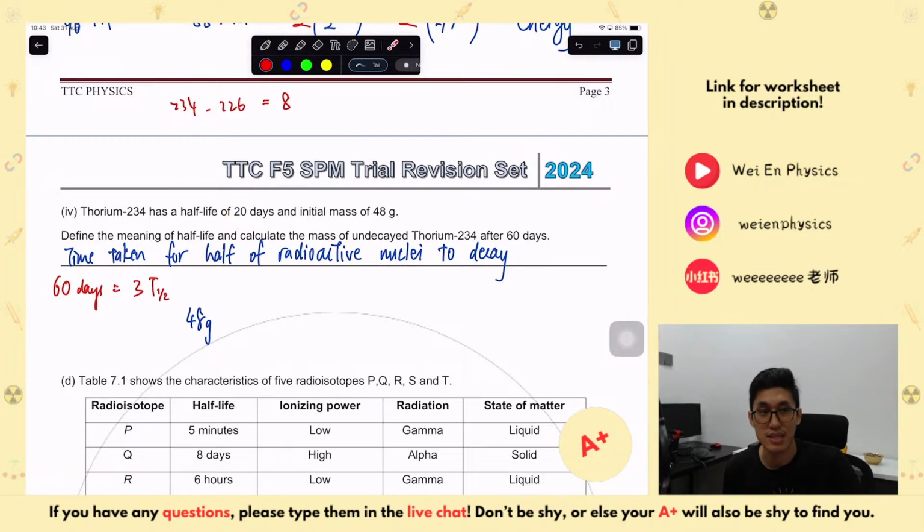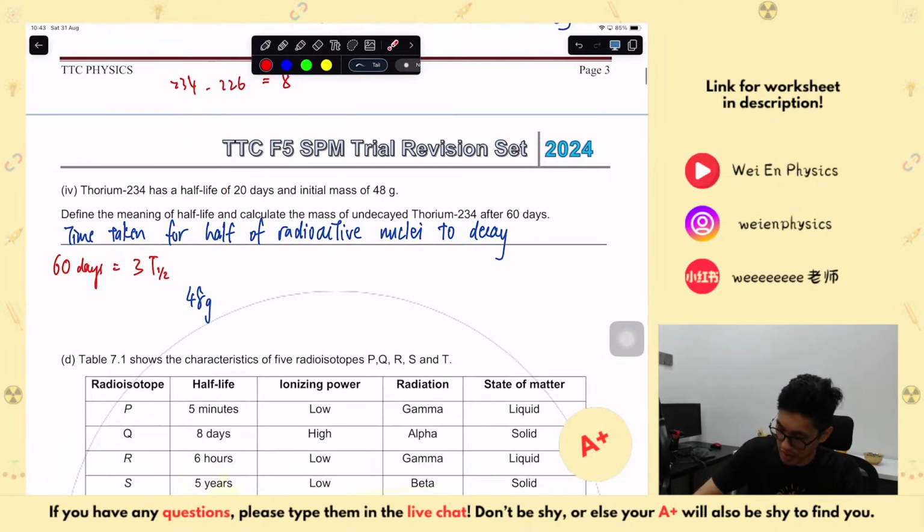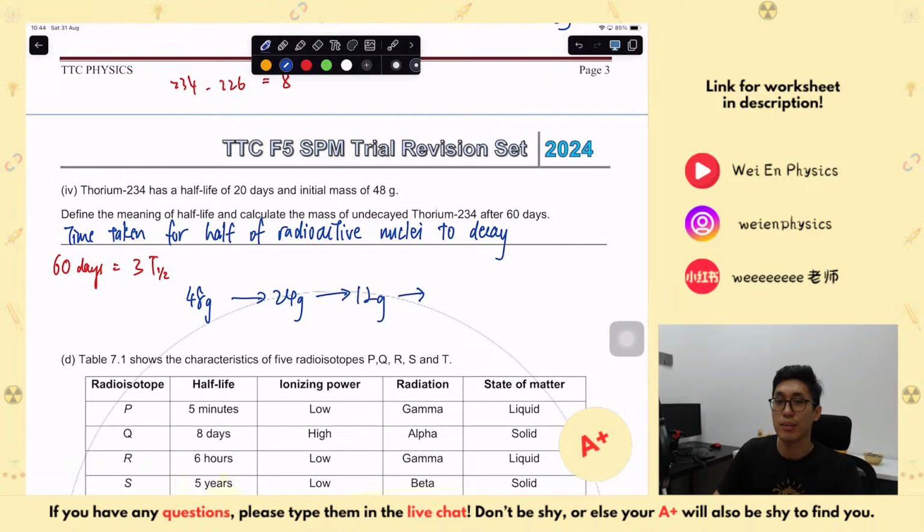So 48 grams, you halve one time, you get 24. You halve another time, you get 12. You halve another time, you get 6. So this is 1, 2, 3 times you halve already. So that's your answer.